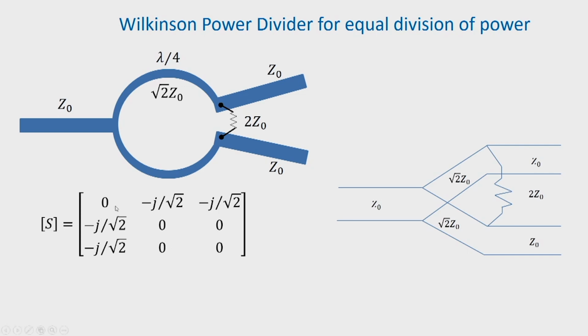So, in Wilkinson power divider all the three ports are matched.